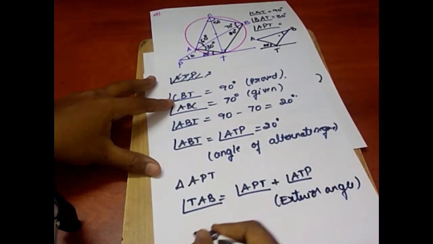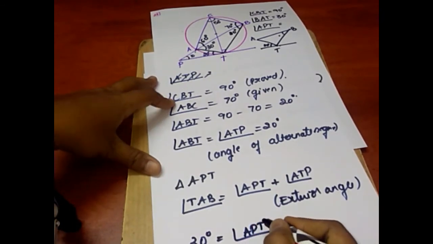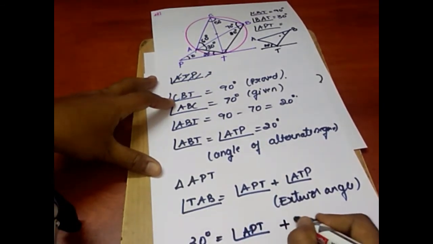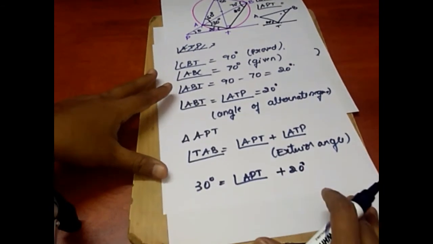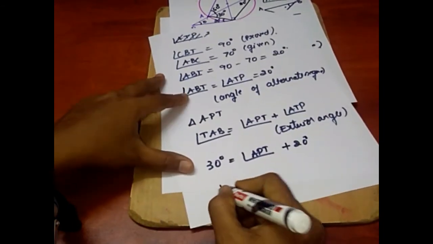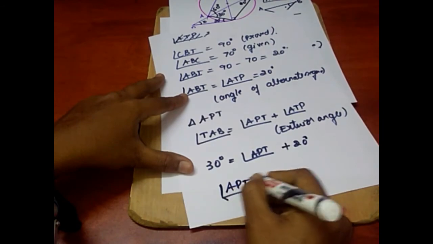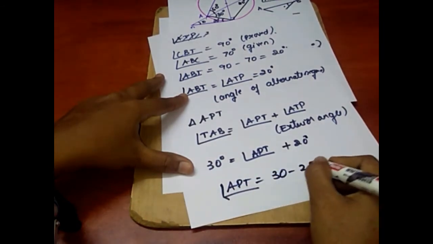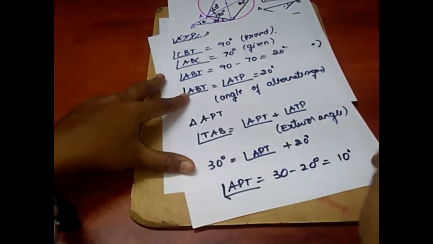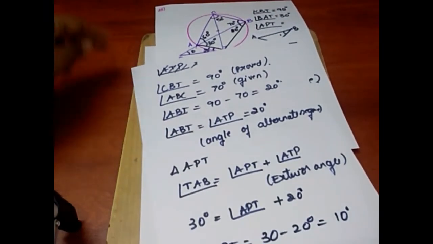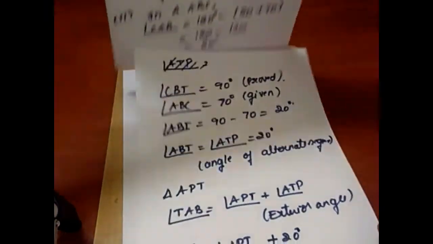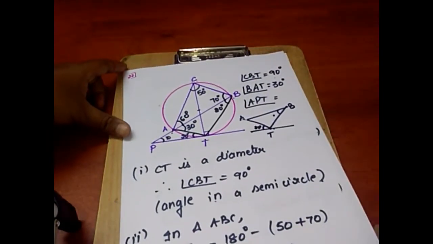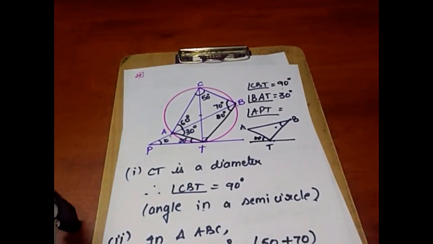So TAB is given as 30 degree, APT has to be calculated, plus this is equal to 20 degree. Hence we can say that angle APT is equal to 30 minus 20, which is equal to 10 degree. So try to understand the question. Listen to the explanation carefully, children. Before you find the solution, pause the video, listen to the explanation, and try to write the result by yourself.